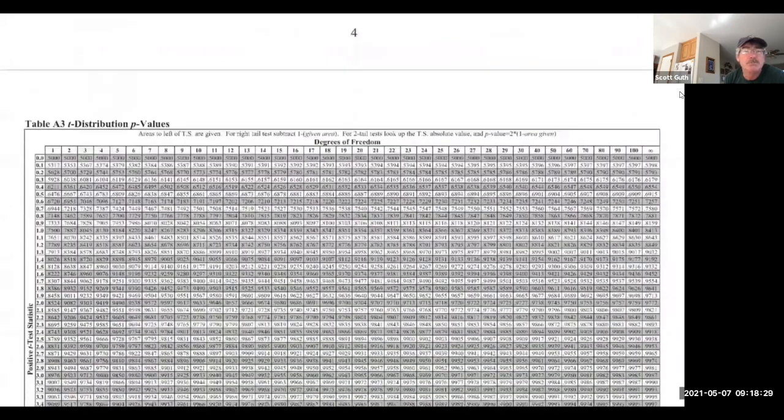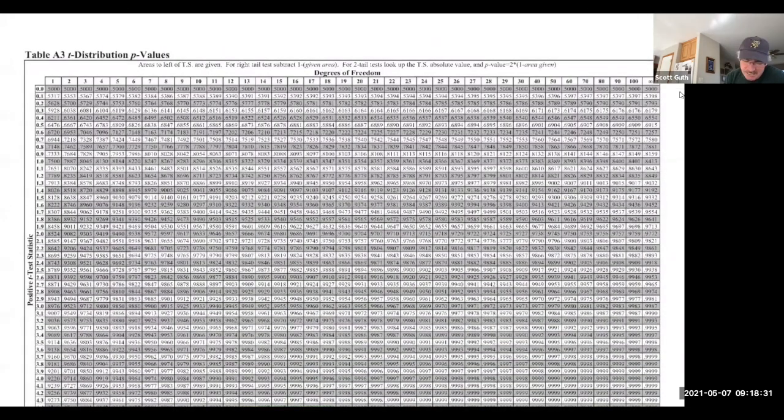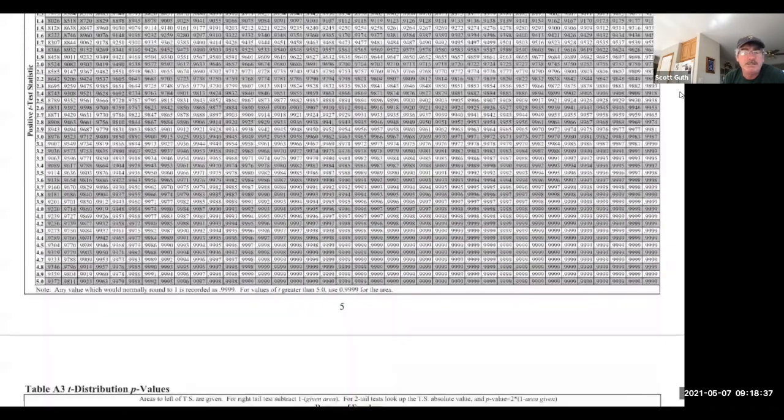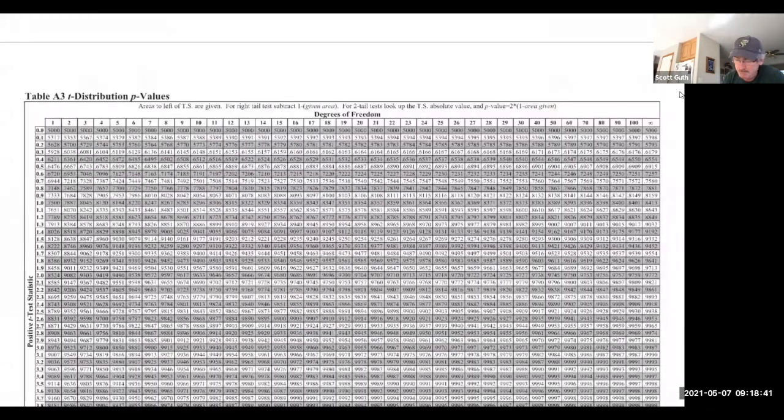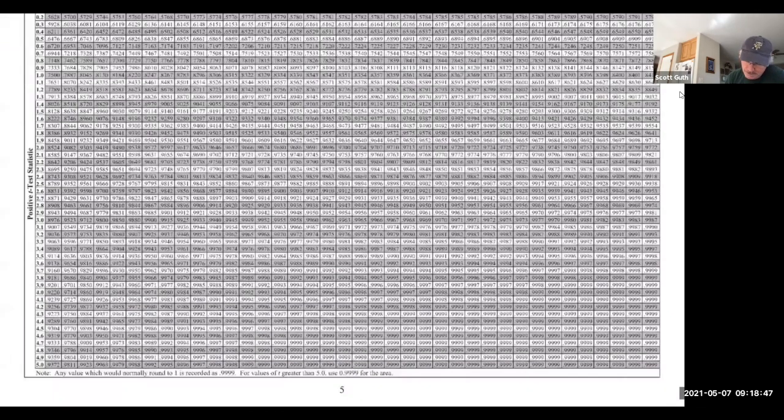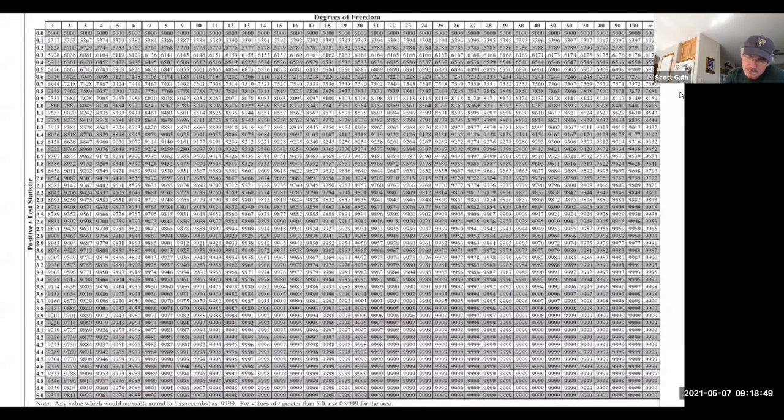The very last couple pages of the handout are sort of terrifying, but for a math teacher, super cool. What I wanted to do is highlight, and we're going to have to do some rounding here, but I think our test statistic was negative 2.66.